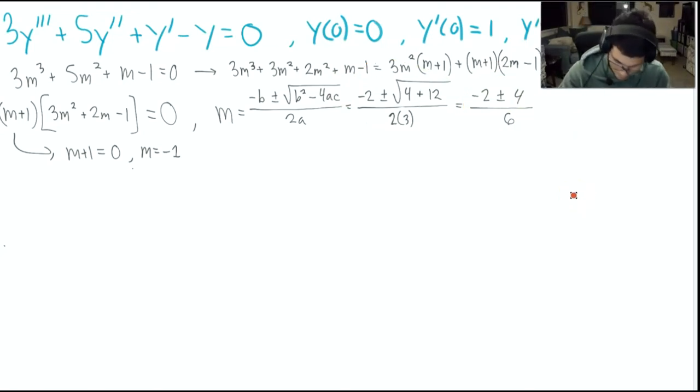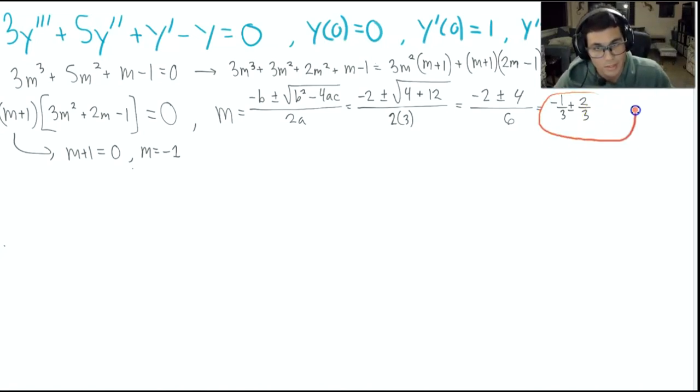So this is the same thing as negative 1/3 plus or minus 2/3. And if you don't remember, this was in the form alpha, not alpha. In fact, this is a real root, isn't it? It's not a complex root, so we're not going to do the alpha plus or minus beta i. It's not an imaginary root at all.